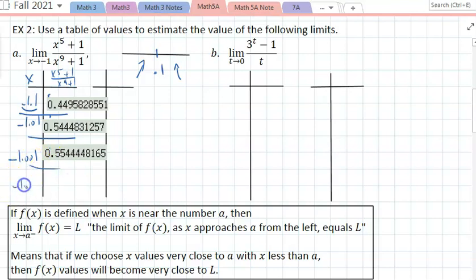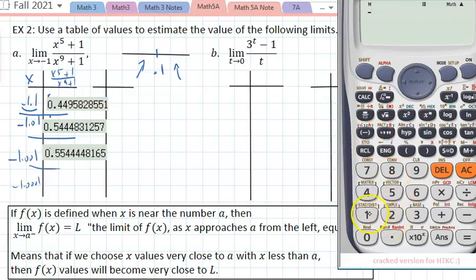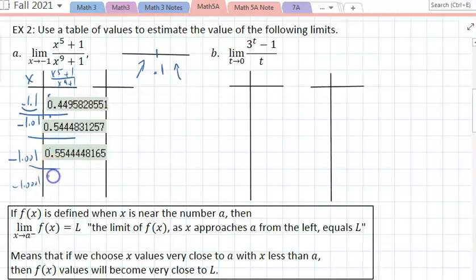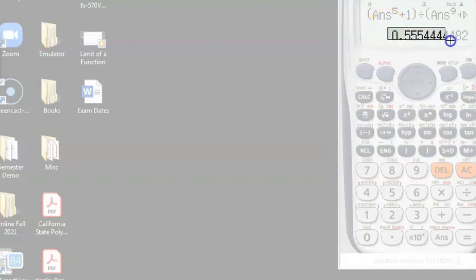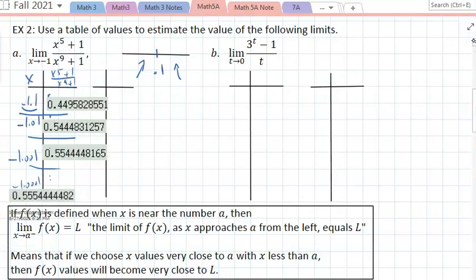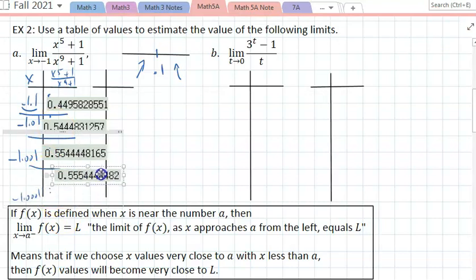How about -1.0001? Very good. It looks like it's going to level off next to, it looks like 0.55555. Not a half. Maybe I'll do one more just to confirm. I'm suspicious, but I'm not sure. So I'm going to plug in one more.